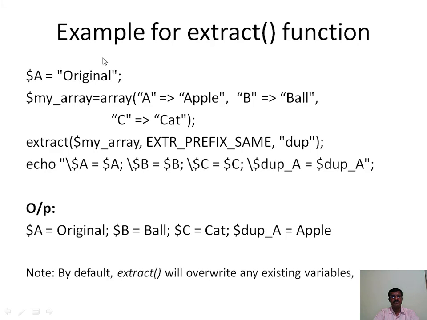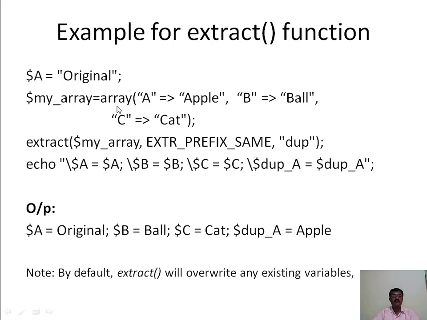Now A is a variable whose value is original. Here I have an associative array by the name myArray. It has 3 elements, that is, 3 key-value pairs: A whose value is apple, B is a key whose value is ball, C is a key whose value is cat. Now this associative array has 3 elements.